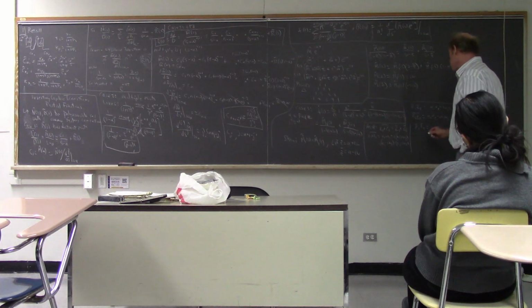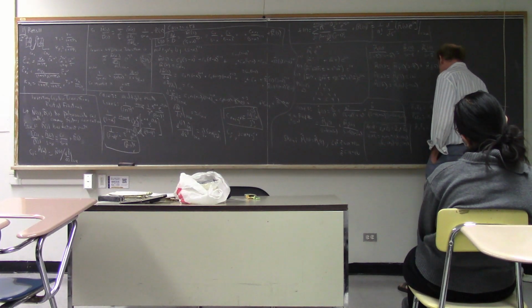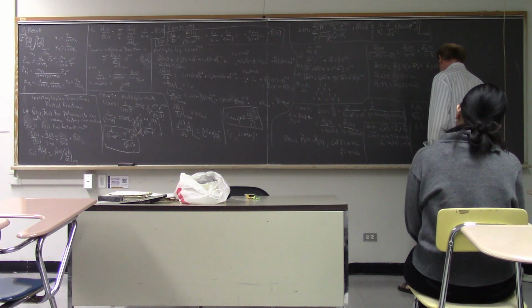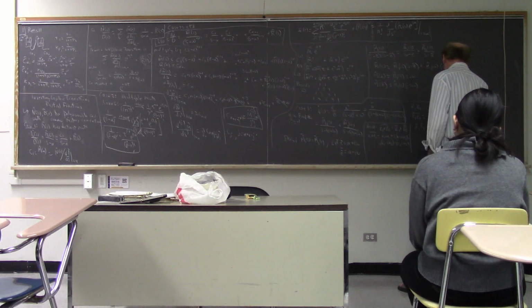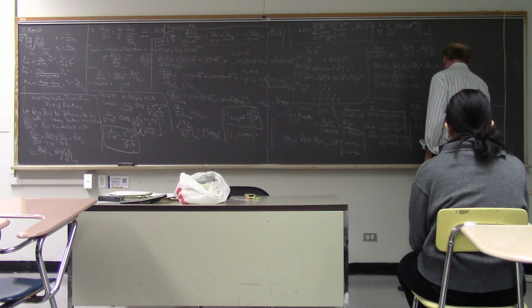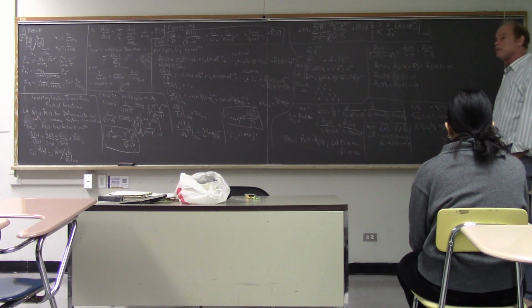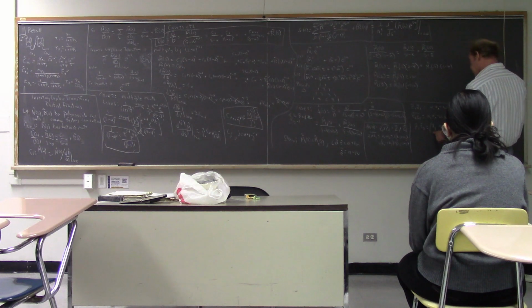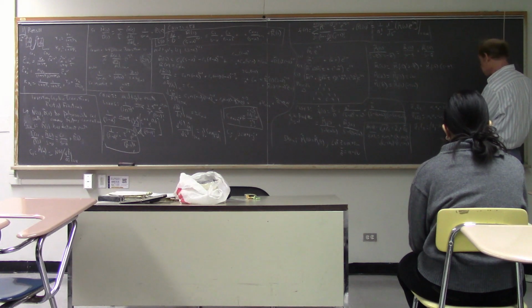Z1 bar Z2 bar is alpha 1 minus i omega 1 times alpha 2 minus i omega 2. Now let's see what that is. Well, that's alpha 1 alpha 2. That's this guy times this guy. Minus and minus is a plus. i times i is minus omega 1 omega 2. So I get the same thing here.